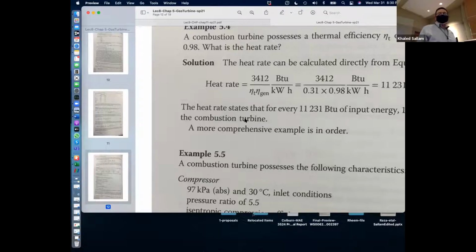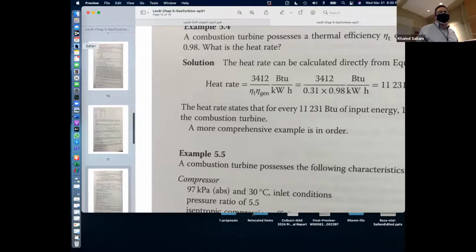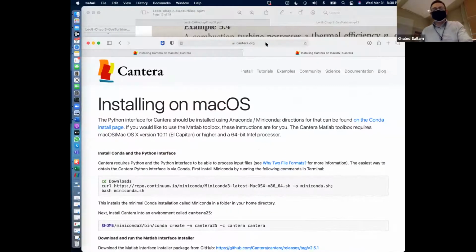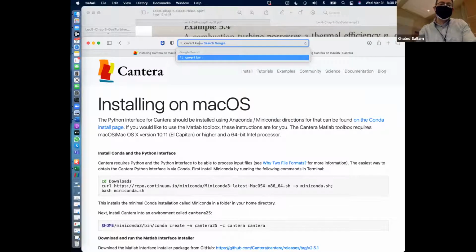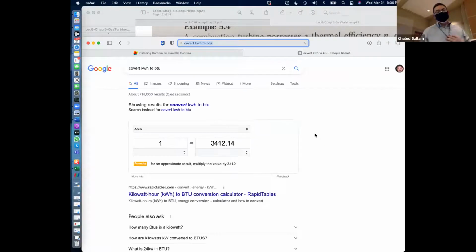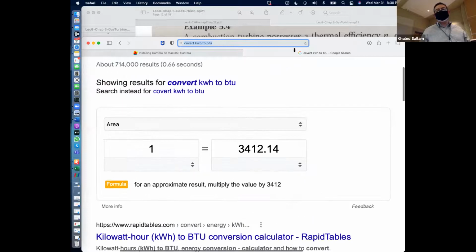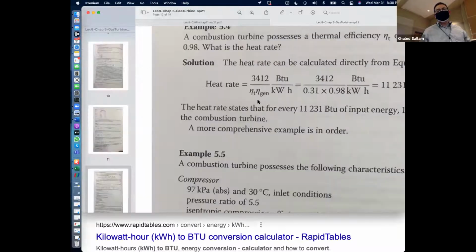If you just Google convert kilowatt hour to BTU, surprise, 3,412. 1 kilowatt hour is 3,412 BTU. That is the secret. Make sense?